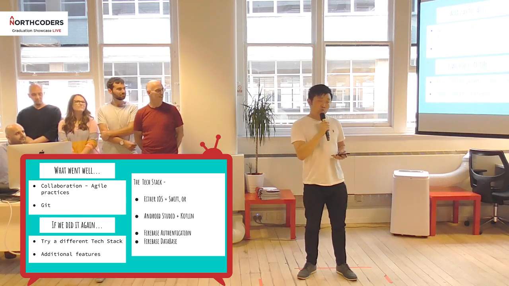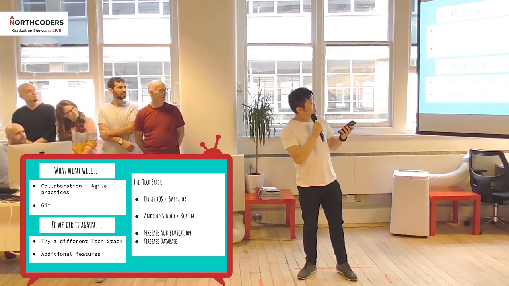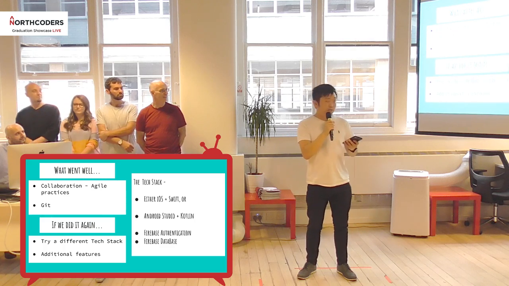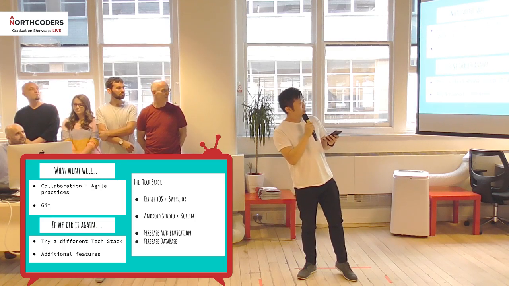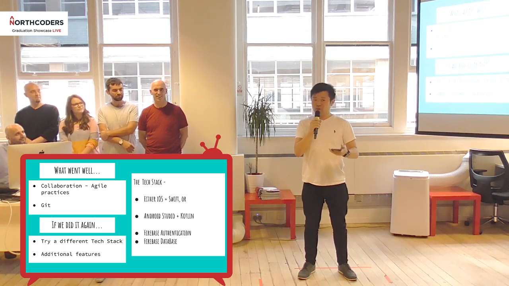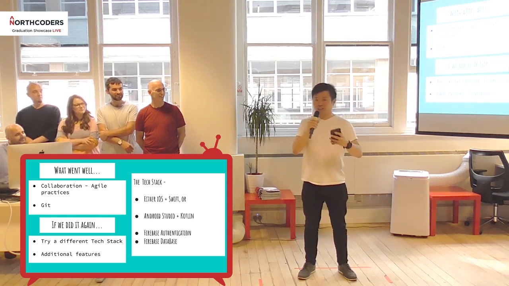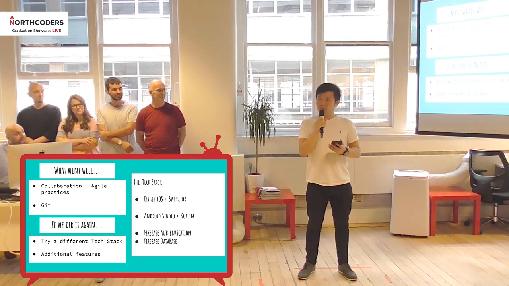In terms of what we would do differently, as mentioned earlier, we were offered iOS Swift or Kotlin. While we were doing the research, after we'd learned Kotlin, we realized that there was a lot more information on Swift for the canvas, which was one of our main issues.